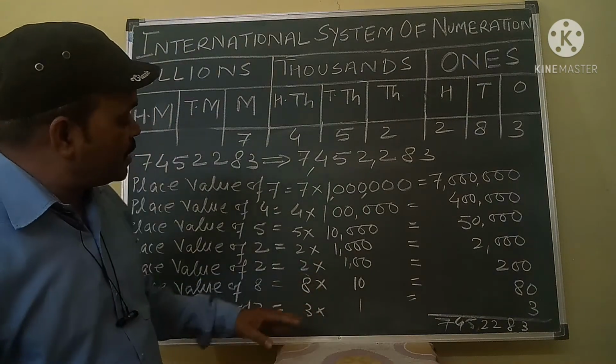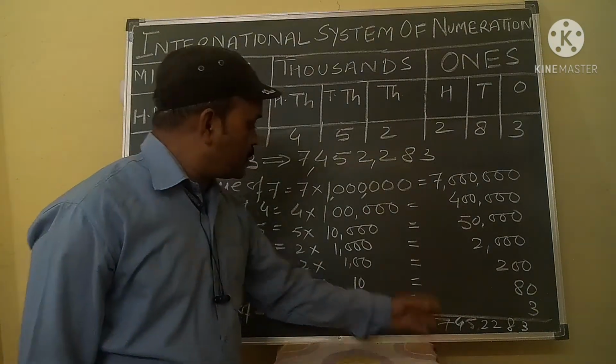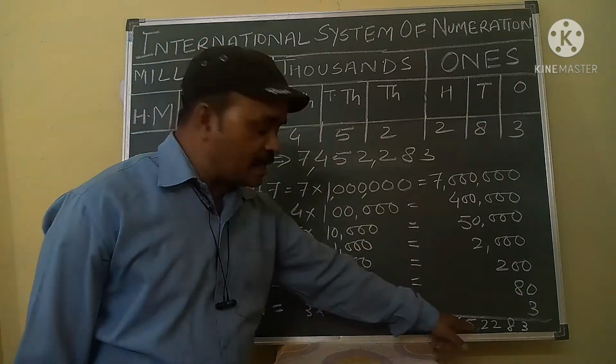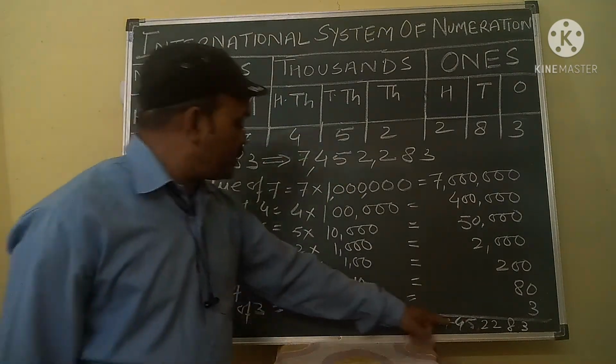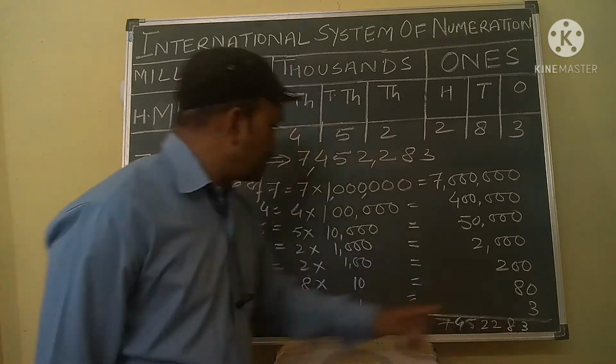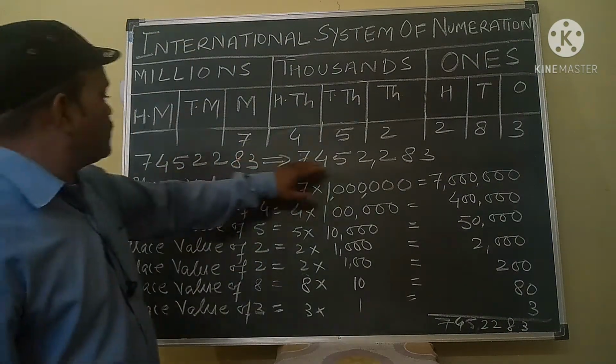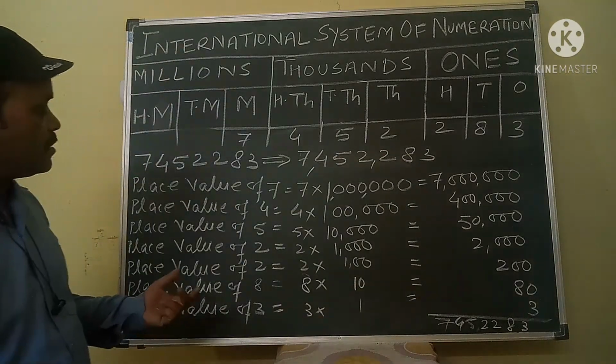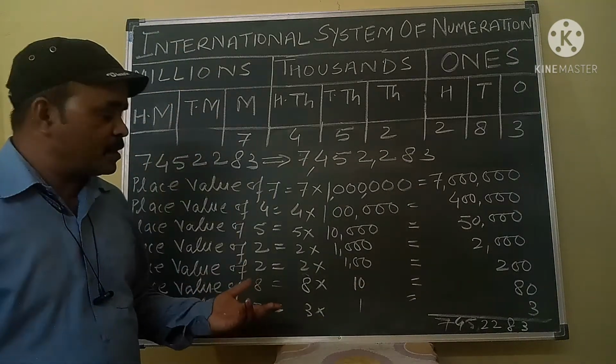Then after we will get the given number. Which number is given? That sum will be there: 7,452,283. Okay. Then after, what is your next step?